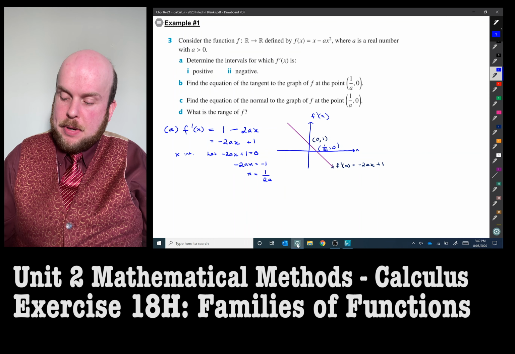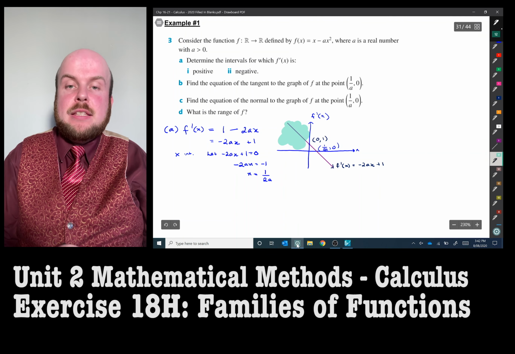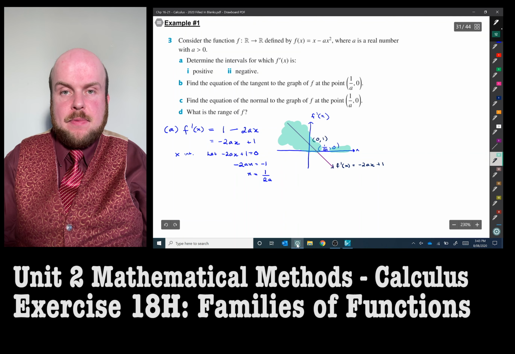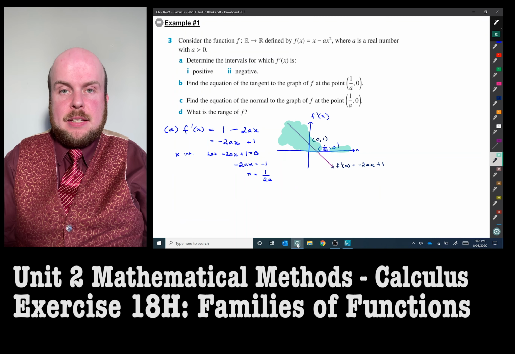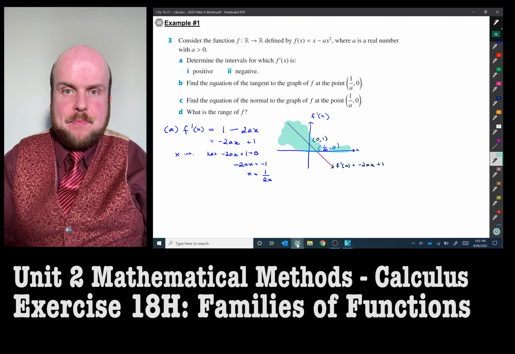If we remember from a previous video, anything that is above the x-axis on the derivative graph is a positive gradient. Anything that is below the x-axis on the derivative graph is a negative gradient of the original.